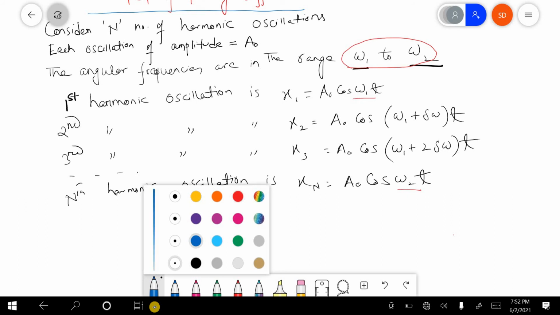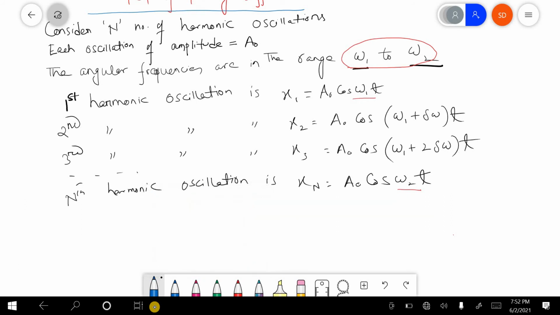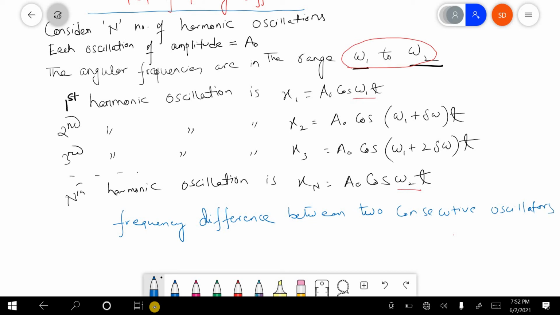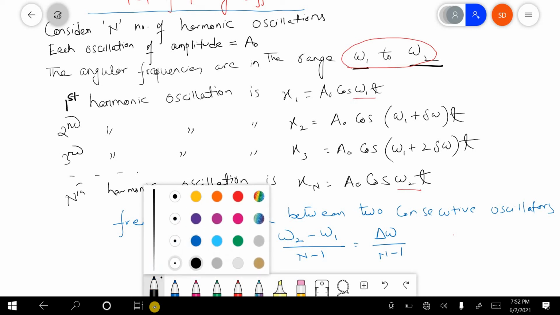From this you can see del omega, the frequency difference between two consecutive oscillators, is equal to omega 2 minus omega 1 divided by n minus 1.